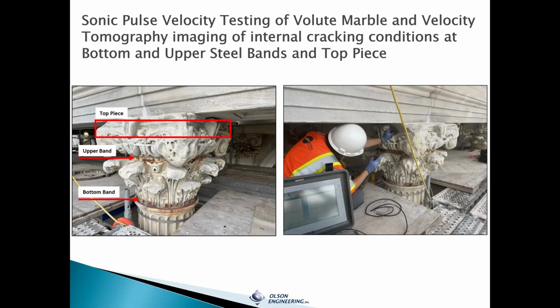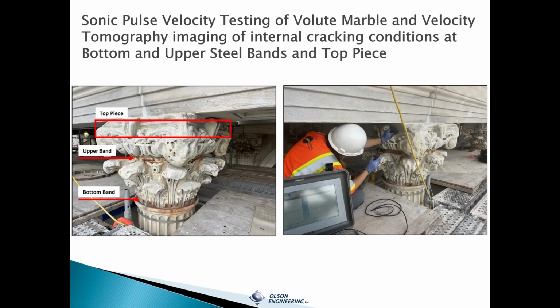So this was a case where we had a marble building and they had these column capitals with these ornately carved volutes at the tops. The volutes had obviously weathered over time and had these leaky joints over the top of them. So they were concerned about internal cracking and damage.